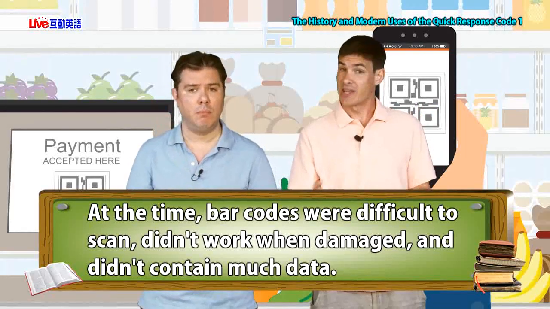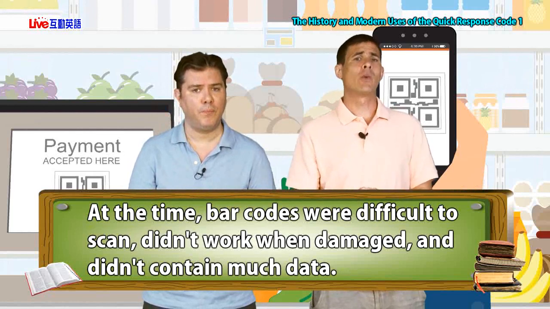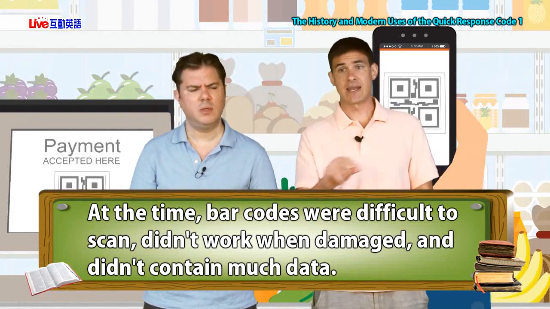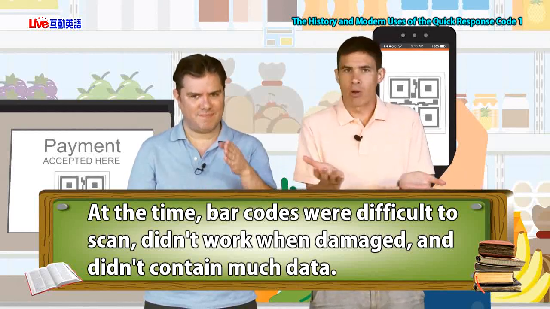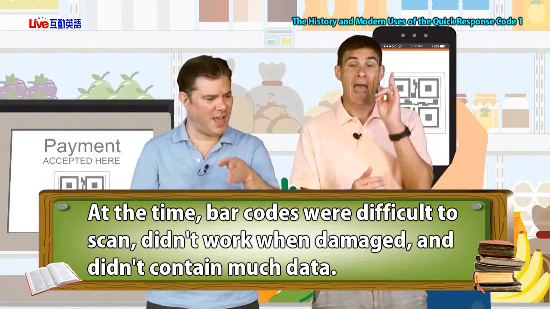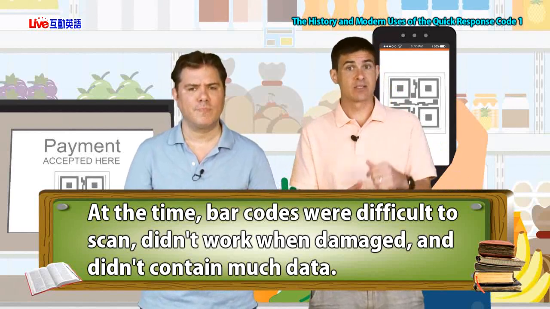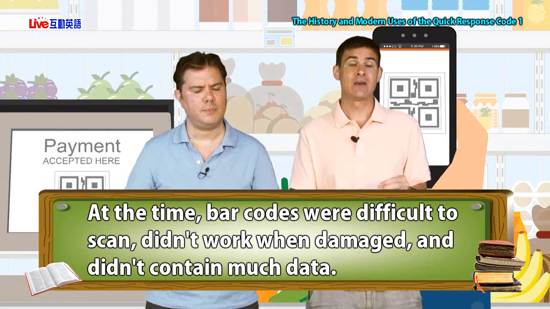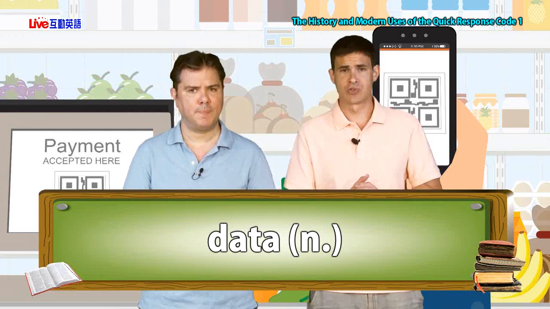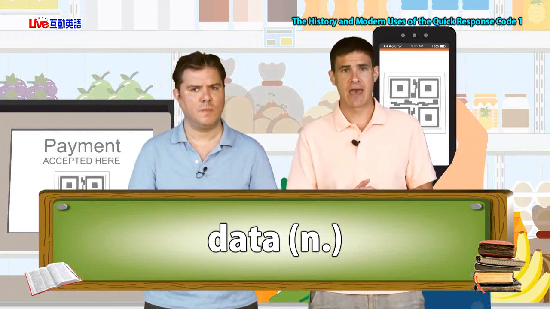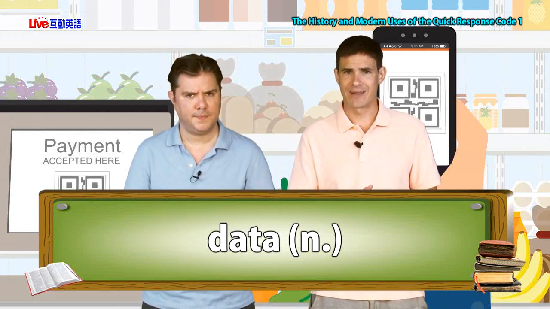Okay, it's hard to get feedback. Yeah, they didn't work when damaged. Okay, so if you cut into a piece of packaging where the barcode was, that barcode wouldn't work anymore. It's all lines. And get this, barcodes didn't contain much data. Whereas the QR code can contain a whole lot of data. Now here we have the word data. You can also say data. Some people do say that, but one way or another, this word is a noun.